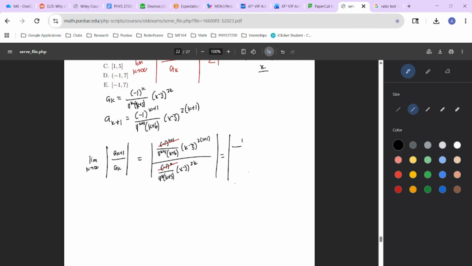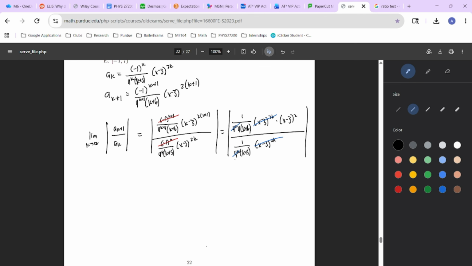So this is just 1 over 4^k, bring out the 4, multiplied by k plus 6, multiplied by x minus 3 to the 2k, multiplied by x minus 3 squared, over 1 over 4^k times 4, k plus 5, multiplied by x minus 3 to the 2k. You can already start to see here, some of these terms die out. The 4^k's cancel, these cancel. Now we're left with something that looks like this.